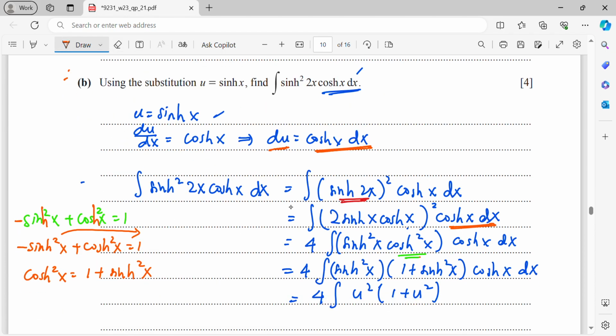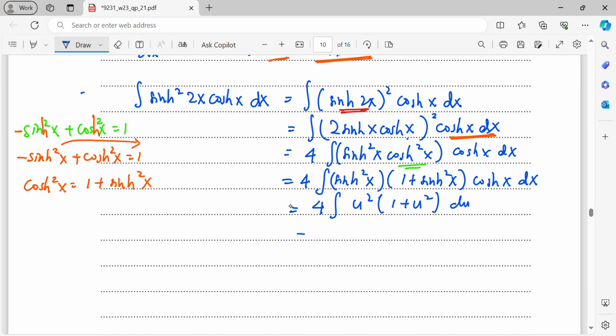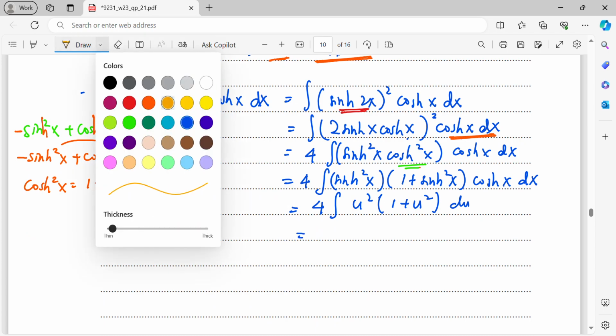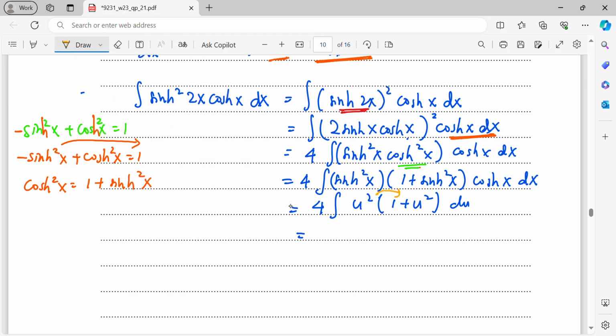So here I will change it to du. And now for this integration, before we integrate, the u squared must be multiplied into the whole bracket. So here is going to be 4 integrate u squared plus u to the degree 4 du.